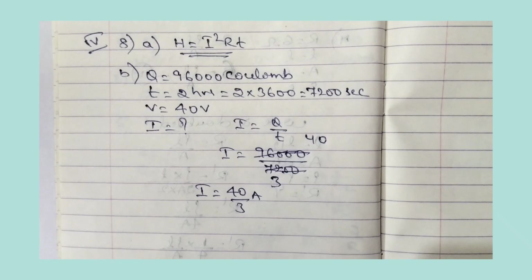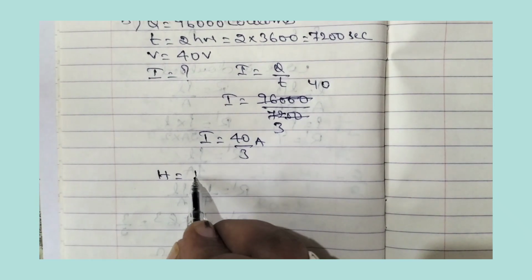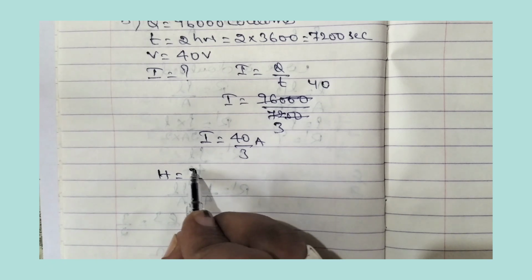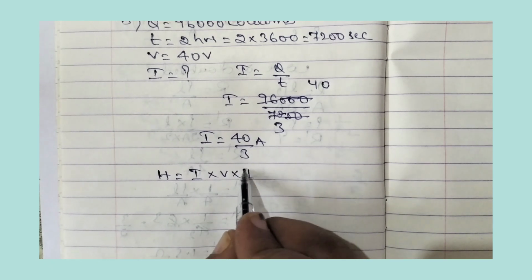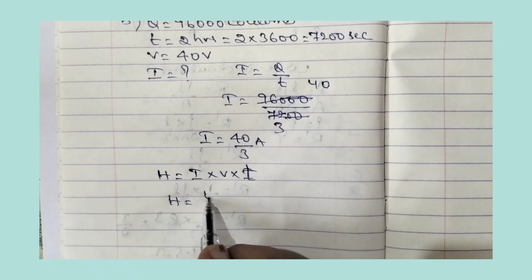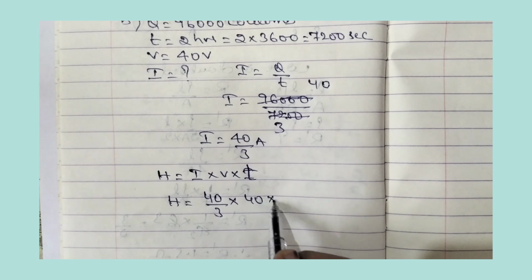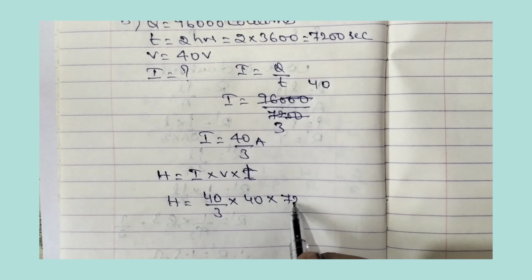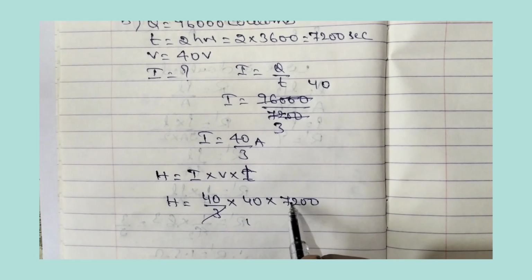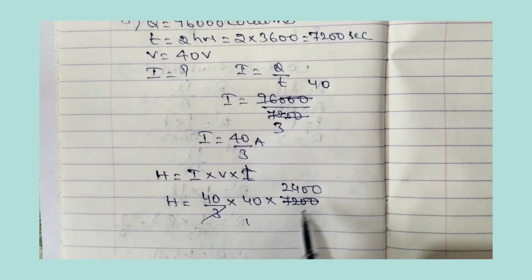This is the current. Now let us calculate the heat generated. H is equal to I into V into T, or V into I into T. So H is equal to I which is 40 by 3, into 40 volts, into time which is 7200. 3 ones are 3, 3 twos are 6, 3 fours are 12, 0 0.